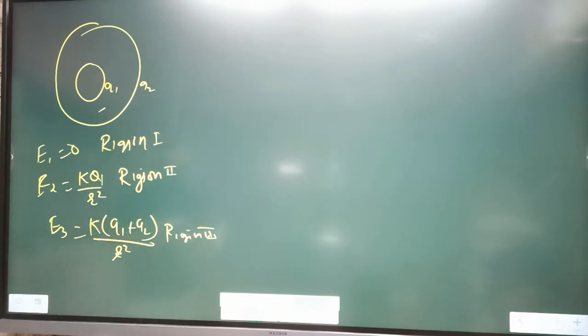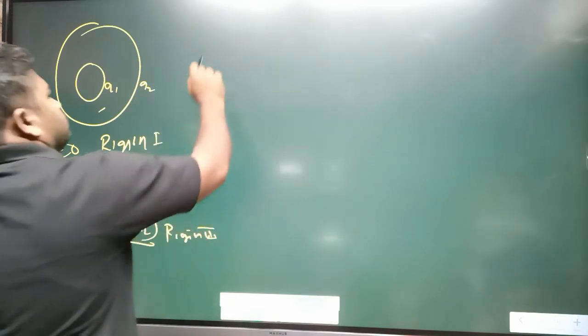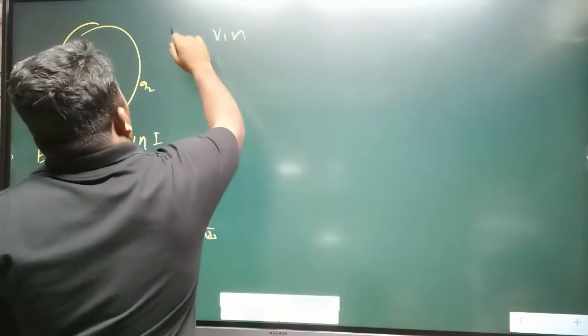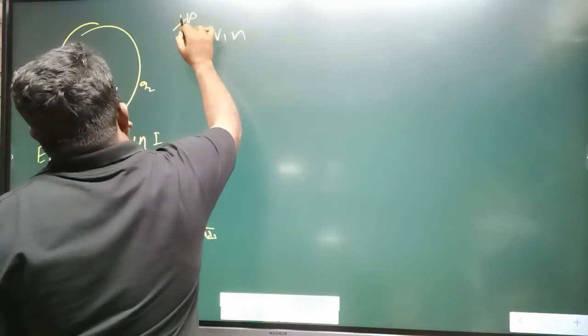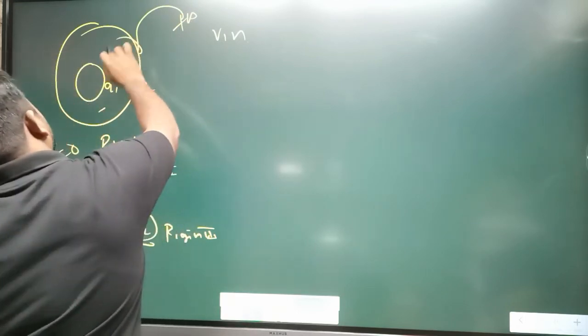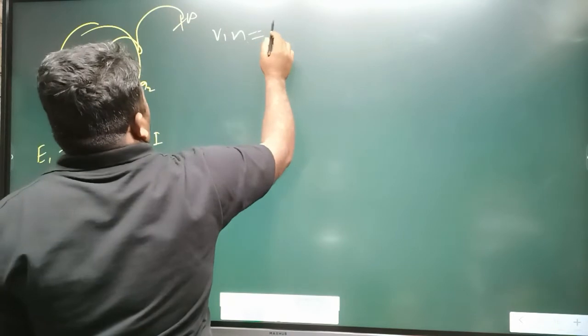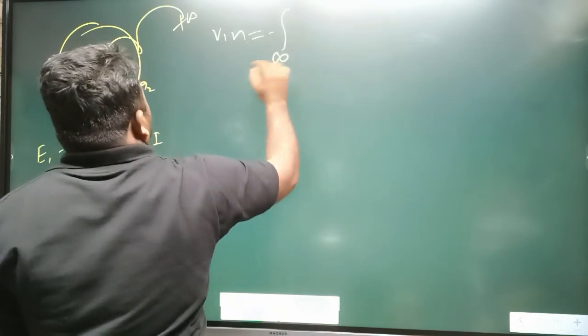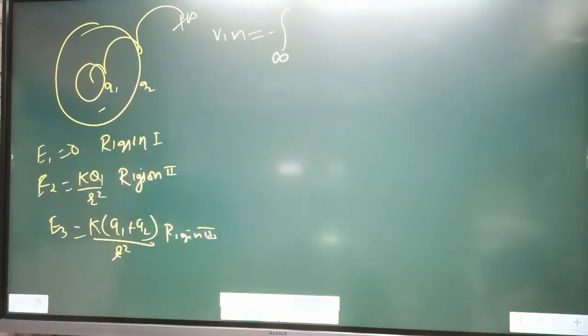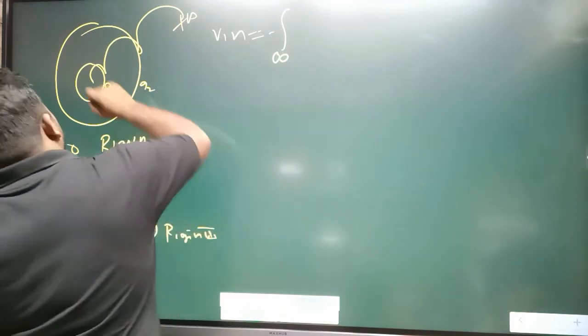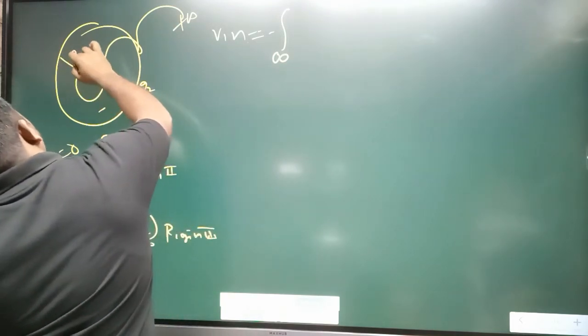Or directly we can find out the V in. The integration from infinity to this one, this to this one. Suppose you can say this is the R2 radius.